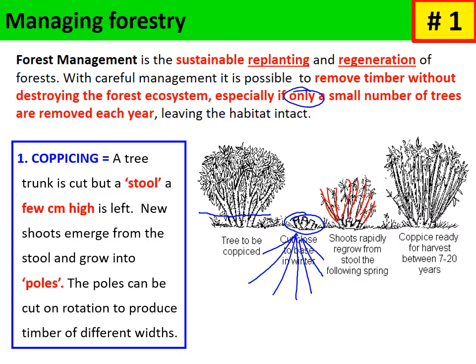Now it depends on the type of species, but these poles can grow particularly high, and as they do develop, as we can see here on the right hand side, they provide habitats for different organisms like birds. They might provide nesting sites for different species of bird, so that can also help to increase biodiversity.